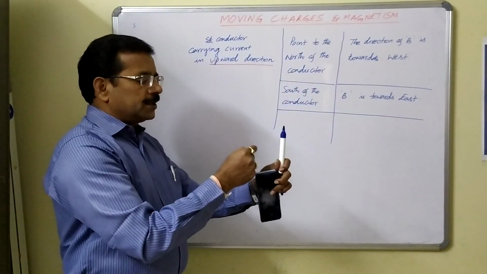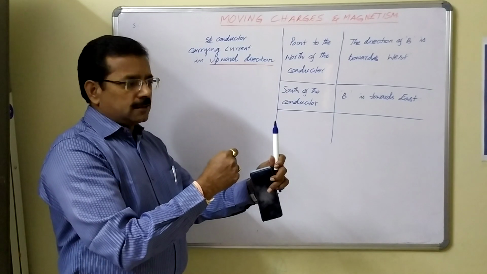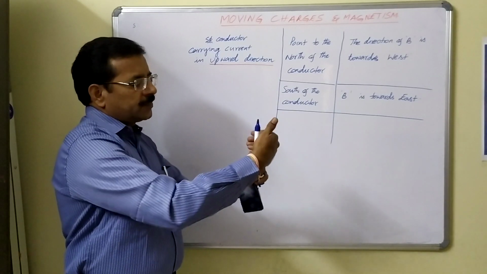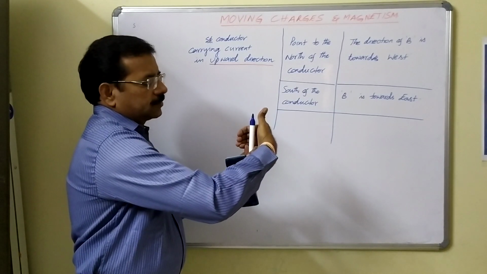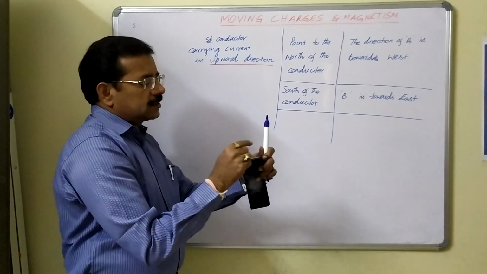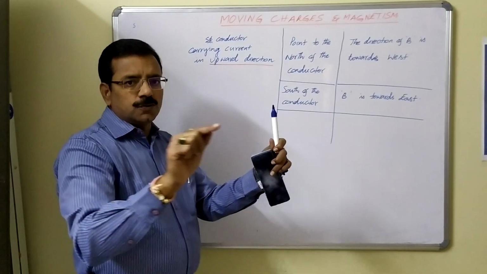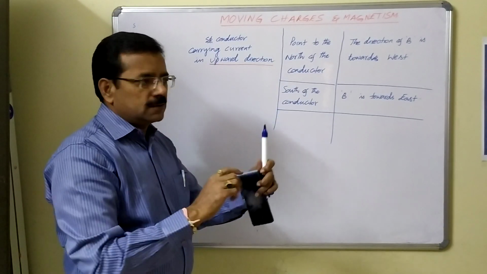Now consider a point to the west of the conductor. Imagine a point somewhere here. The field lines curve like this. At this point, if you draw a tangent, the tangent will be towards you, that is towards south.